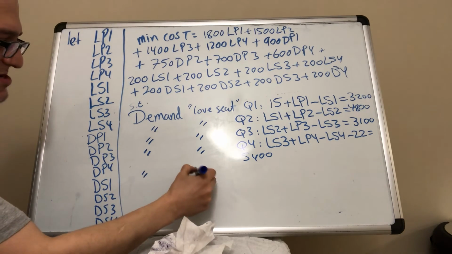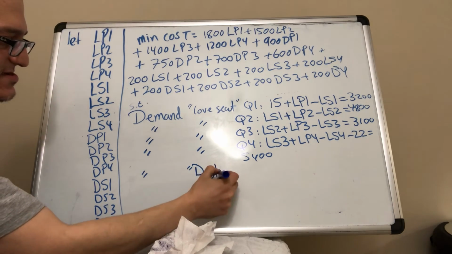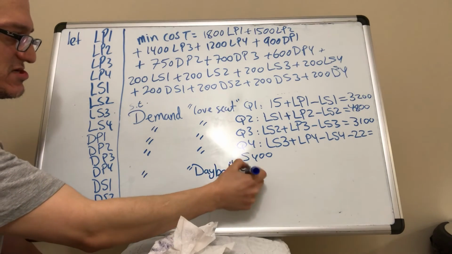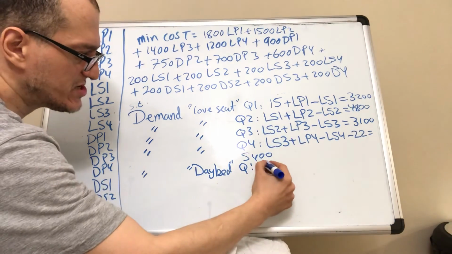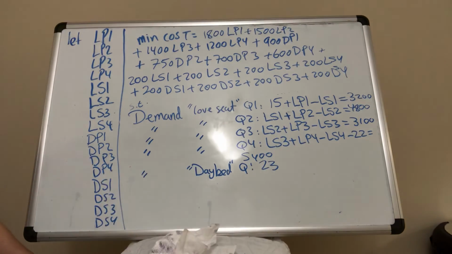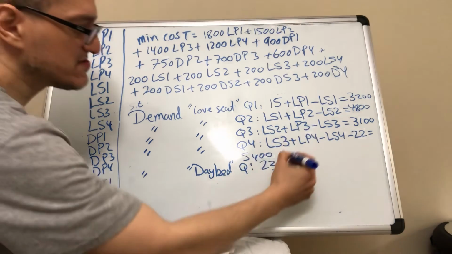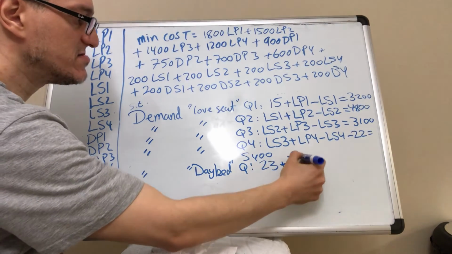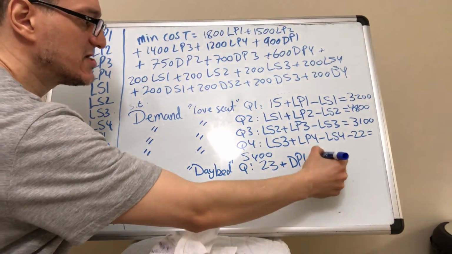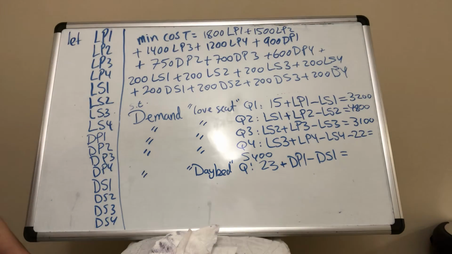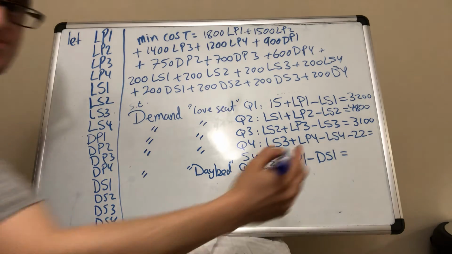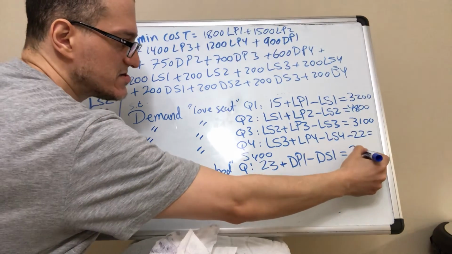Demand D, Q1. They tell you, you enter this quarter with 23. So here 23 you have for the D. Plus you can produce some, you can store some, and whatever you do, you must satisfy the demand, and for this one, demand is 2,500.